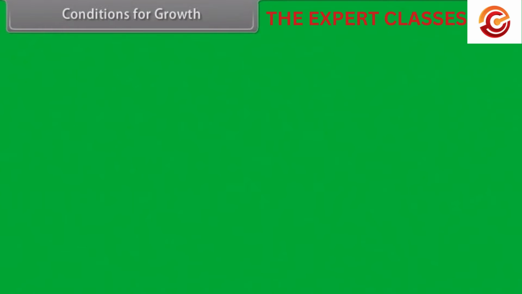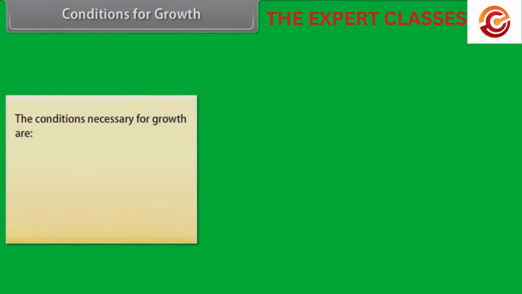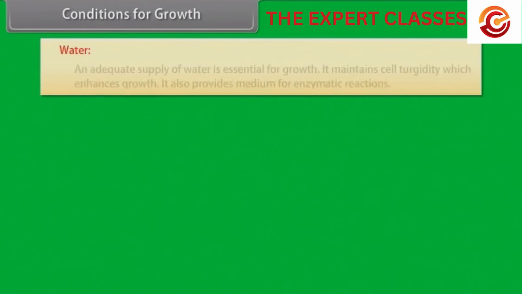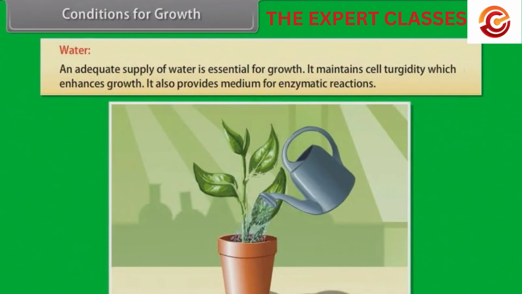Conditions for growth. The conditions necessary for growth are nutrients. Enough supply of nutrients is necessary for synthesis of protoplasm and act as a source of energy. Water. An adequate supply of water is essential for growth. It maintains cell turgidity, which enhances growth. It also provides medium for enzymatic reactions.